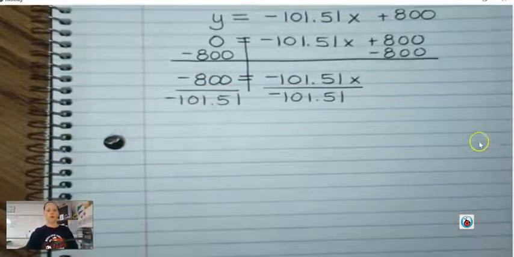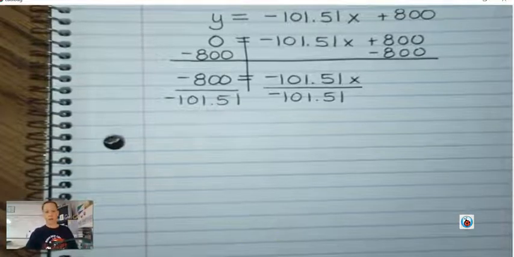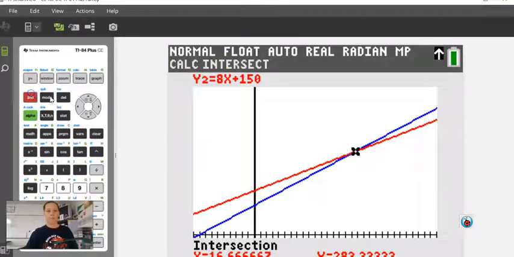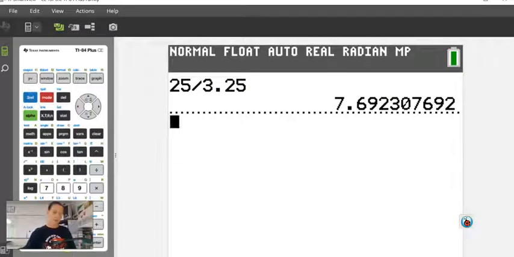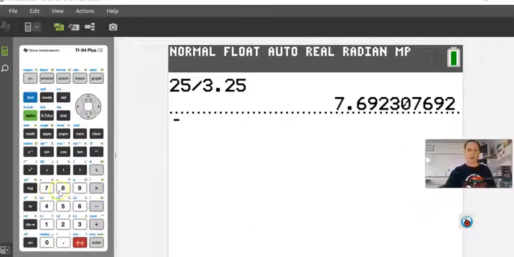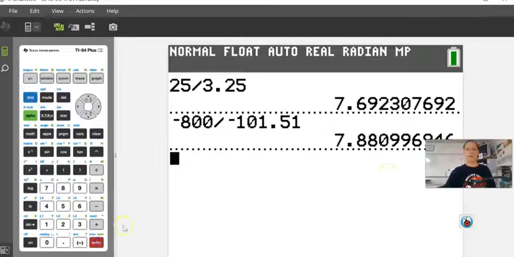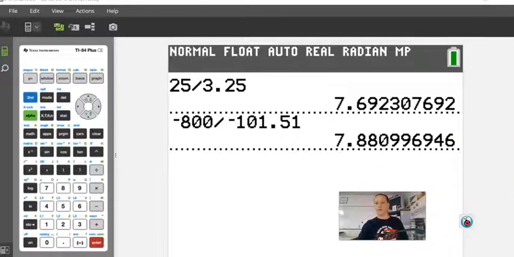Okay, when you plug that into any calculator, so if I put in negative 800 divided by negative 101.51, we get 7.88 and so on.